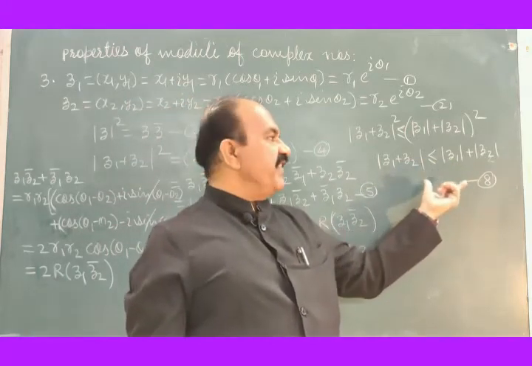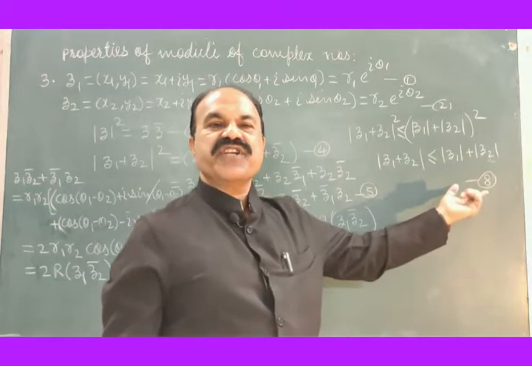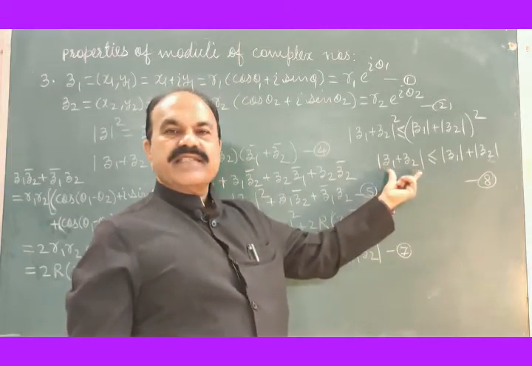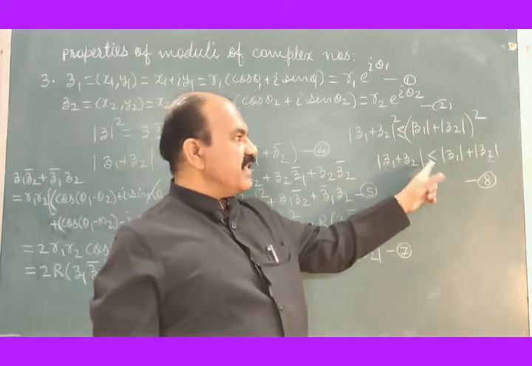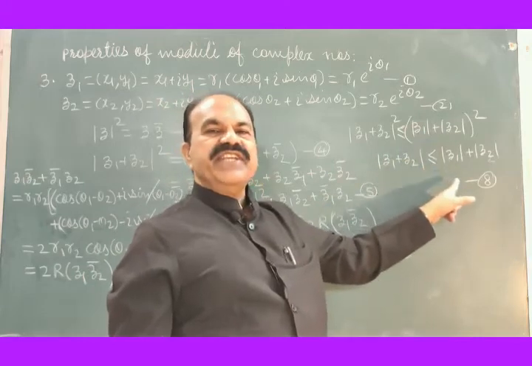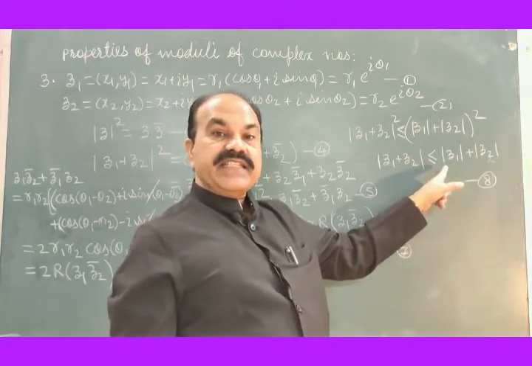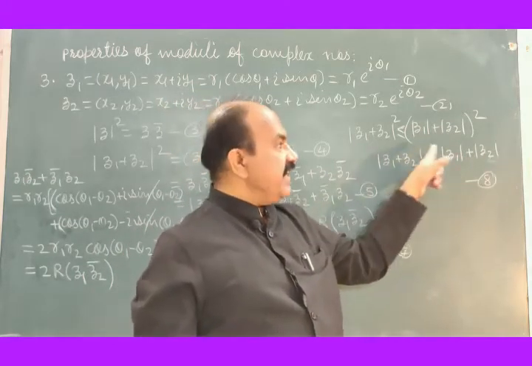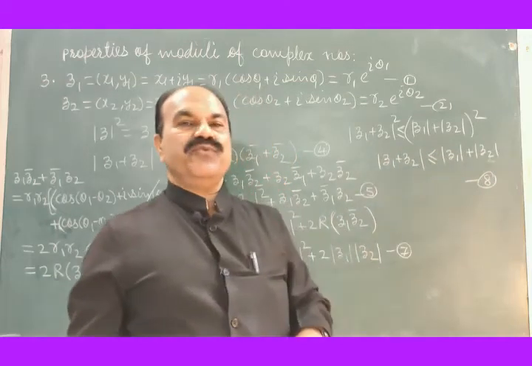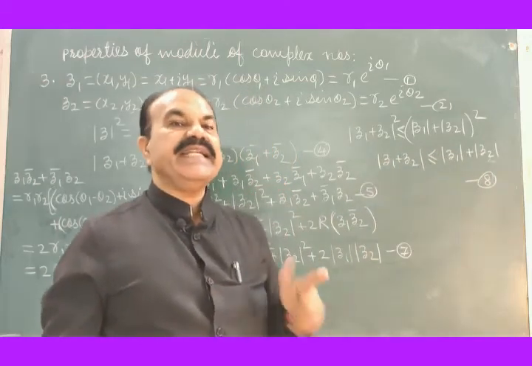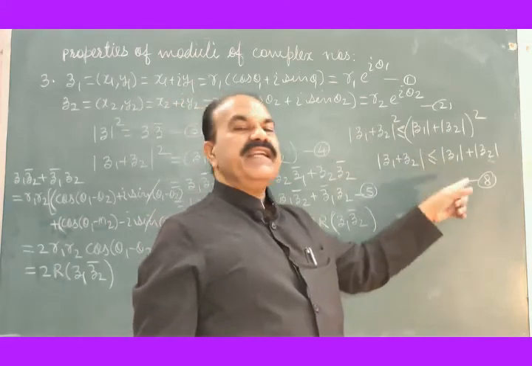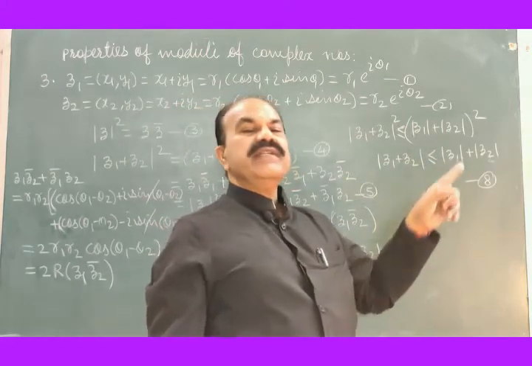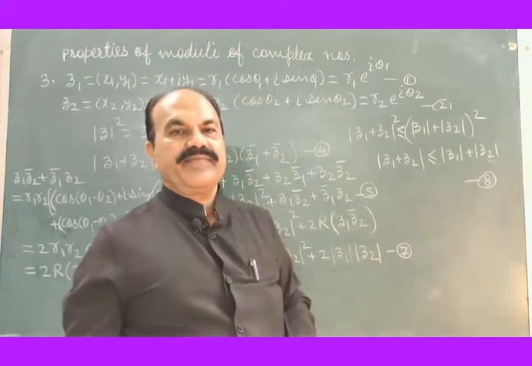Mathematical verification is here in equation number 8. Modulus of sum of two complex numbers never exceeds, it is never more than this, it is always less than or equal to. Does never exceed means that this will be less than or equal to the sum of their moduli.